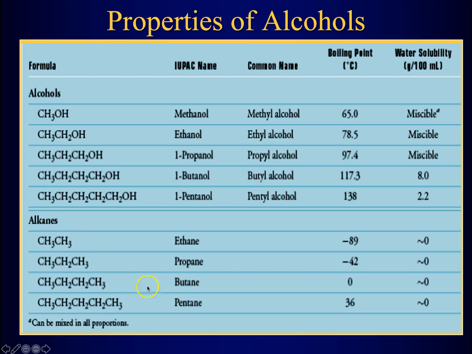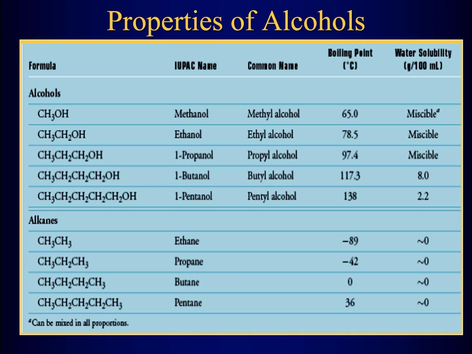So even though the alkanes also increase as I increase the number of carbons, they're always going to be less than something with an OH group, since it has a strong intermolecular force of those hydrogen bonds. Remember, hydrogen bonds can occur with anything with an oxygen, nitrogen, or a fluorine. So anything with an NH, an OH, or an FH will be able to have a hydrogen bond and create these strong intermolecular forces, therefore having higher boiling points.